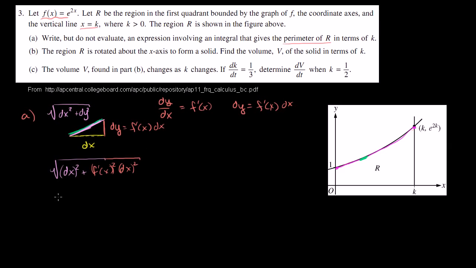And just the same exact way we did it when we had the function defined parametrically, we can factor out a dx squared here. So this is going to be equal to the square root of, if you factor out a dx squared of this, you get a 1. You factor a dx squared out of this part, plus f prime of x squared. And we factor dx squared out of the radical sign, it just becomes a dx. And so that would be the length of this little small arc here.